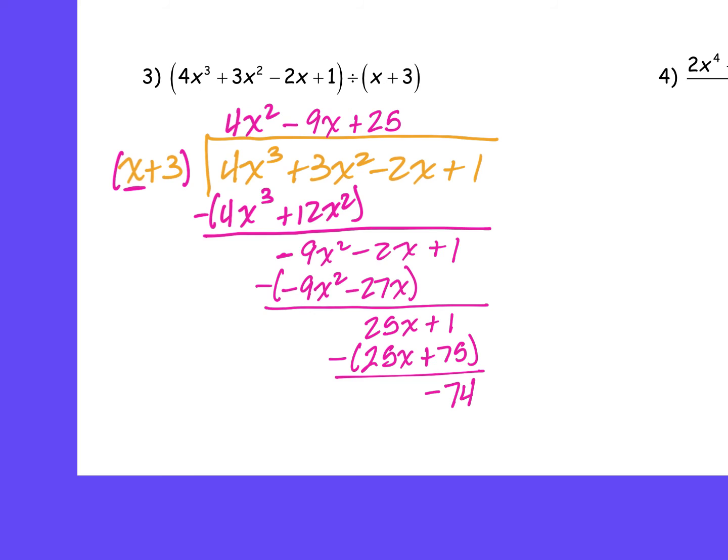You forgot to put the negative on the 25x. There is no negative on the 25x. I put the subtract sign right here. It's subtract the whole thing, not just the 25x. That's why I put it in parentheses with the negative on the outside. This is negative 2x minus a negative 27x, that's negative 2x plus 27x, which is positive 25x.